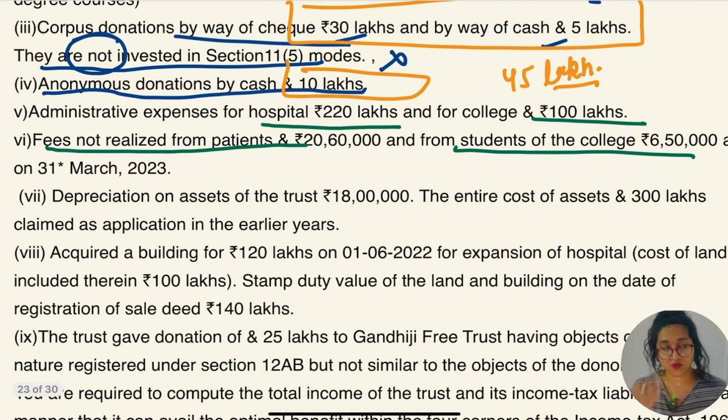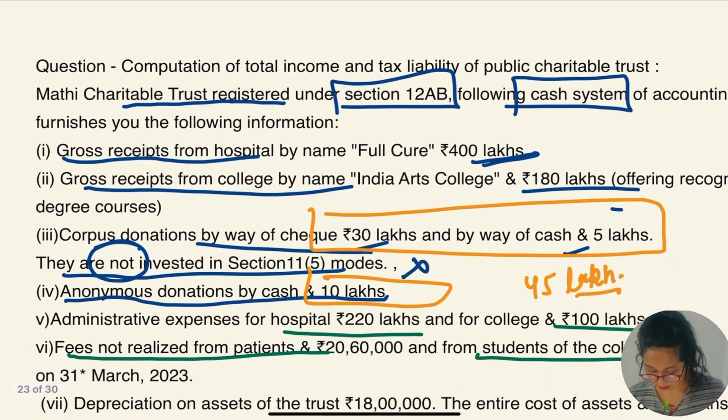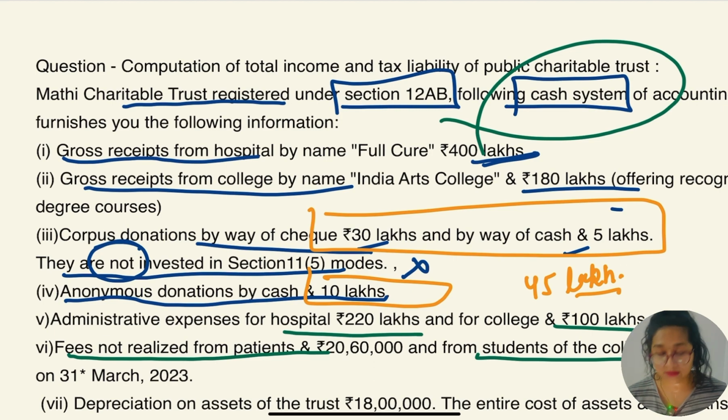So what is going to happen? First of all, the administrative expenses are going to be treated as the applied amount. But can you tell me what is going to happen for this fees which is not realized from patients and students, as the trust is following which system? The cash system, right? The trust is following the cash system, the cash accounting is followed here in the question.